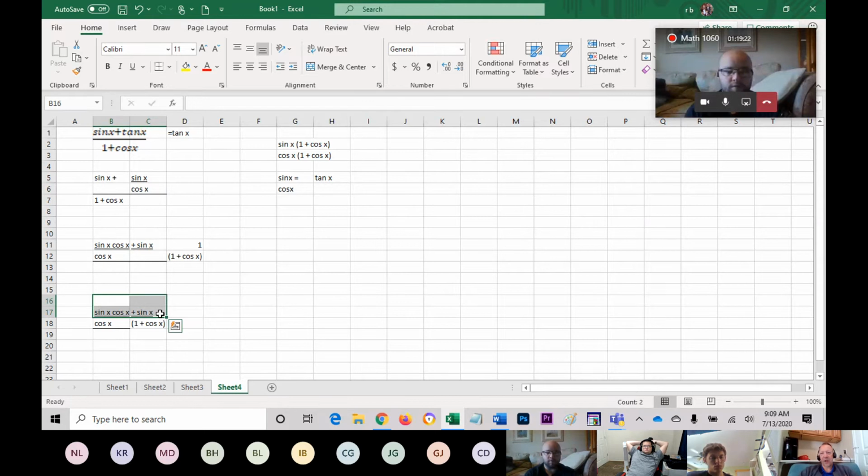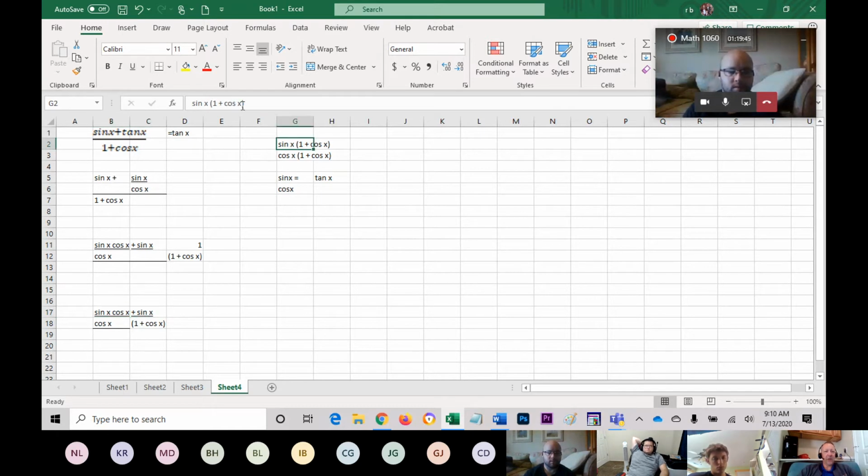So does that make sense? Rewriting that into sine of x times 1 plus cosine of x. How'd you get that though? That's my question. Oh, I've got a sine that's common to both of these, so I'm going to pull the sine out. If I pull the sine out of here, I'm left with a cosine of x. And if I pull a sine out of here, I'm left with a 1.